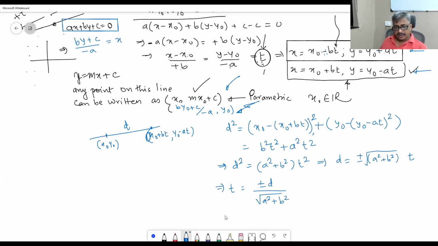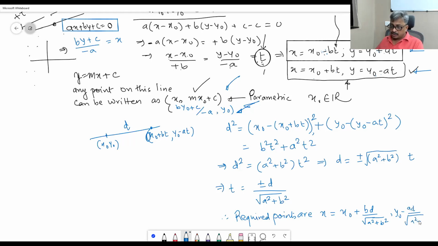Correct? Therefore, the required points are x is equal to x naught plus t, which is x naught plus bd upon radical a square plus b square, comma, y naught minus ad upon radical a square plus b square. This is one point.